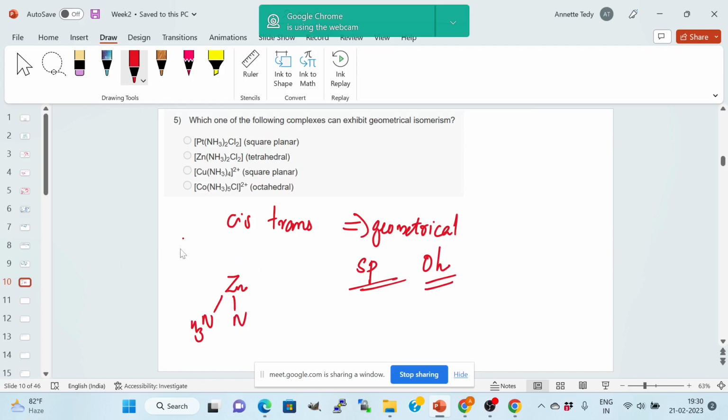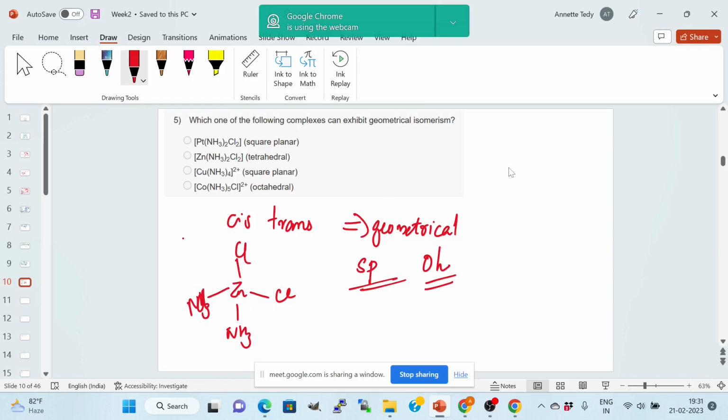This is a pyramid. Here, I am showing the Cl is actually behind this NH3. It's not on the same plane, you know, right?